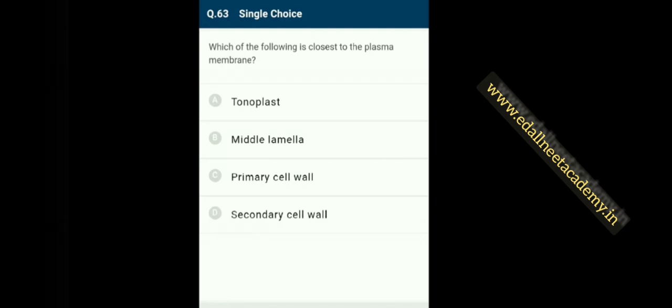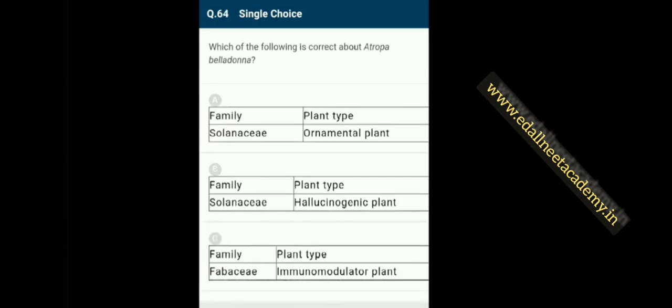The outermost thin, flexible and extensible layer is the primary cell wall of the plant. The thick inner wall is the secondary cell wall. The middle lamella connects the adjacent cell walls and is rich in pectin. It also forms the plasmodesmata. So the correct option is option D, secondary cell wall.